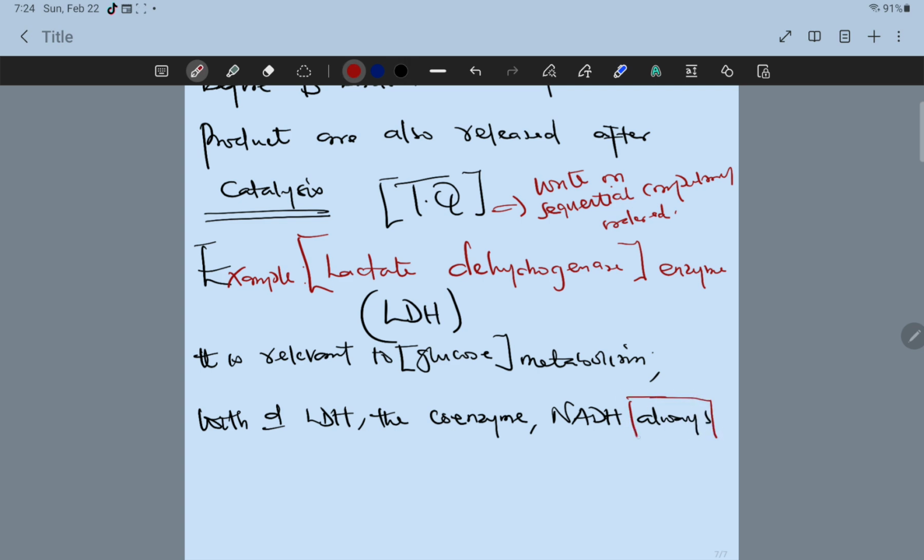You can be asked to give an example of the sequential compulsorily ordered. Always binds first. Did you see that? Always binds first, with the pyruvate binding afterwards.